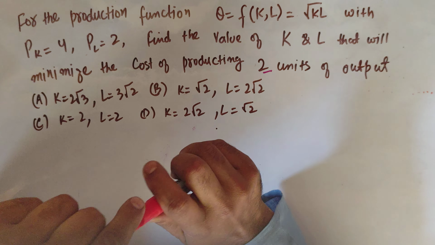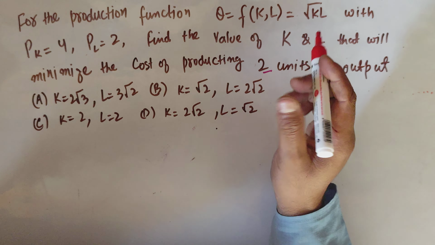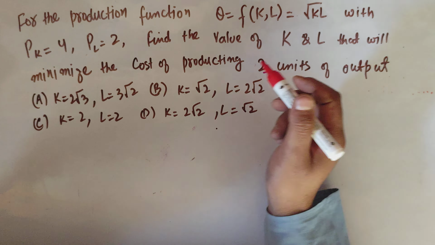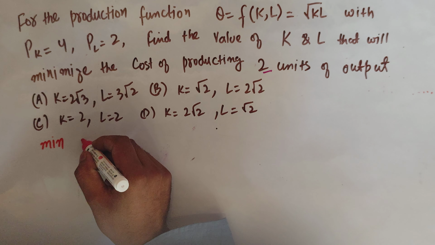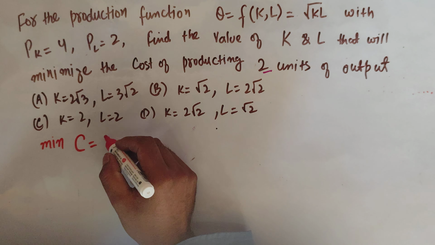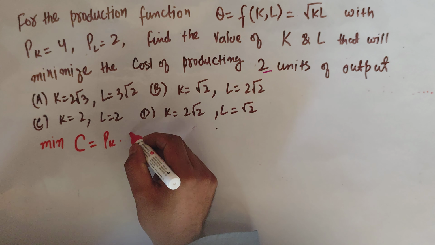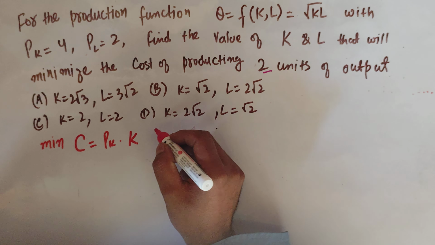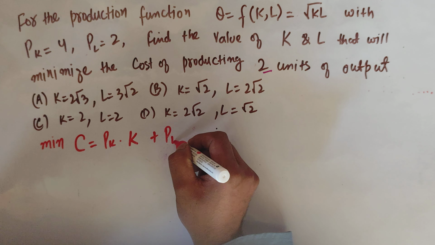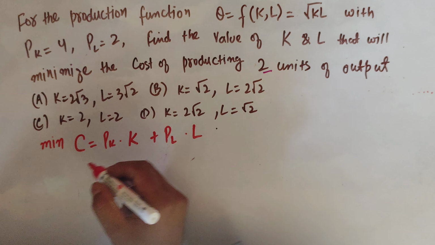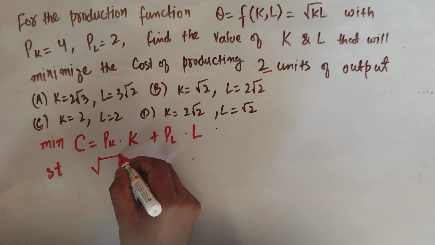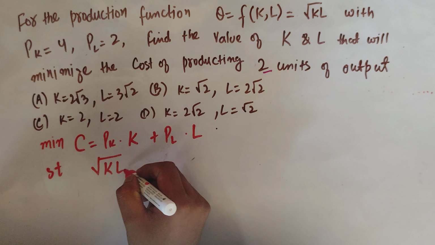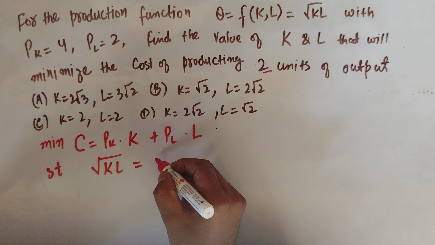Okay, so this question is actually a cost minimizing question. We want to minimize C, which is the price of capital times units of capital employed plus the price of labor times units of labor employed, subject to the production constraint, that is K times L should be equal to, we need to produce 2 units of output.